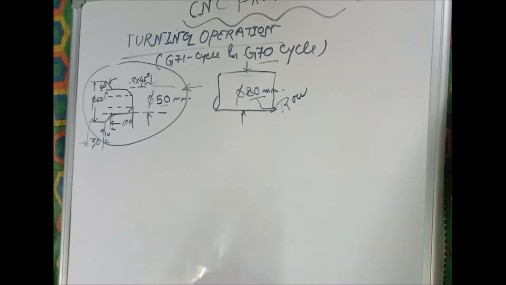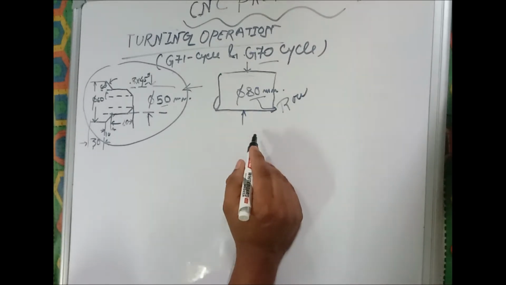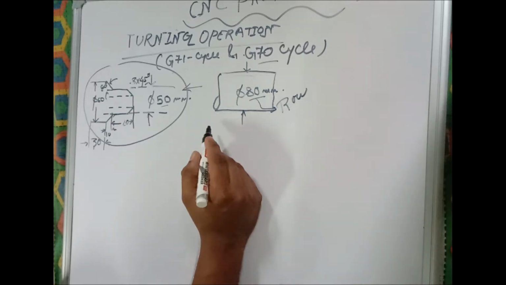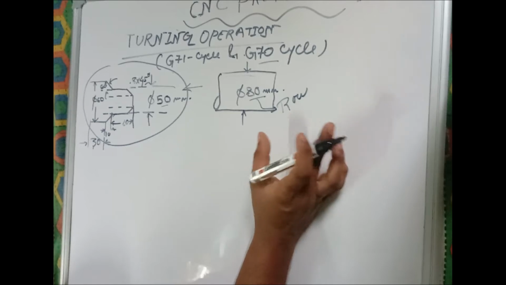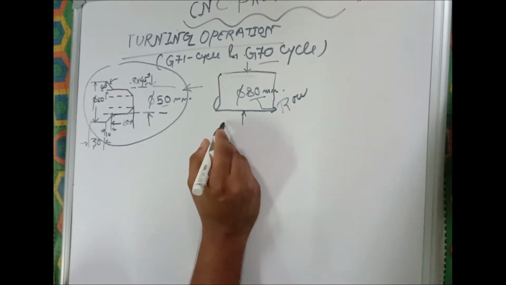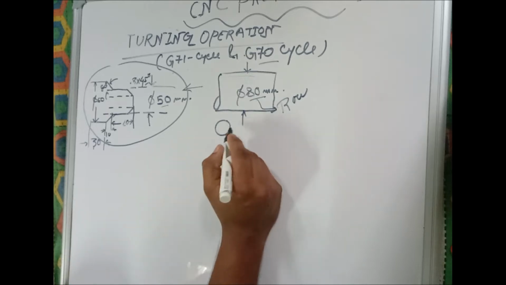On the CNC monitor or screen, how will you start the program? Before starting the program we have to use the codes. Before writing any kind of program we have to start with O. After that you have to give the program number.